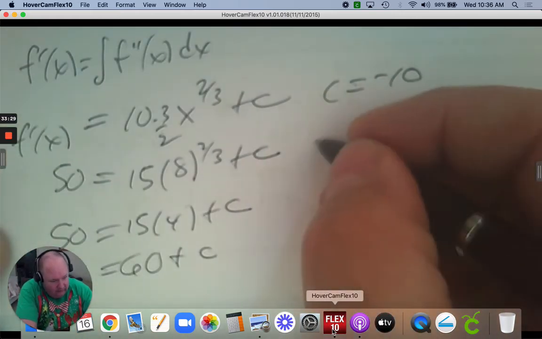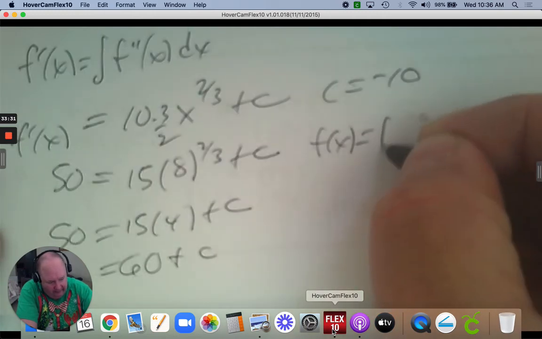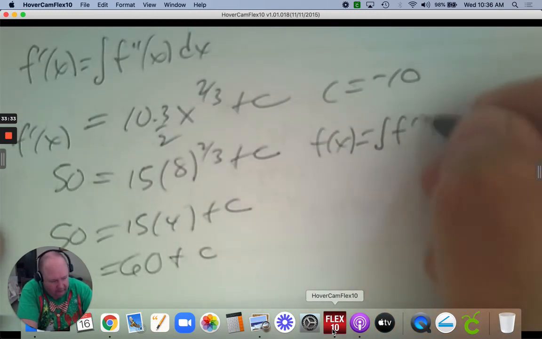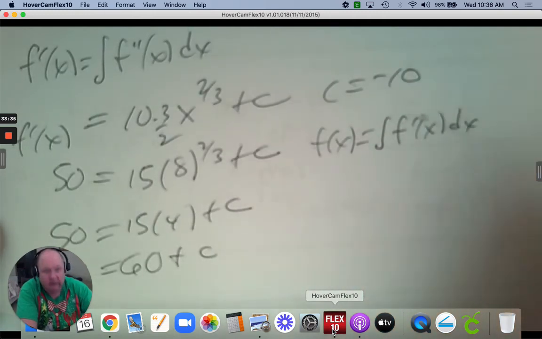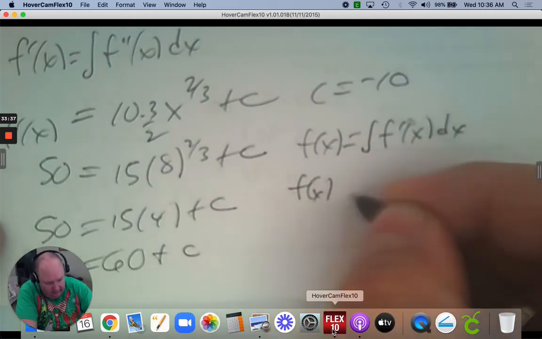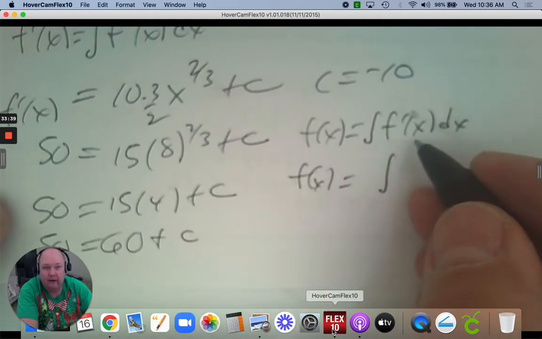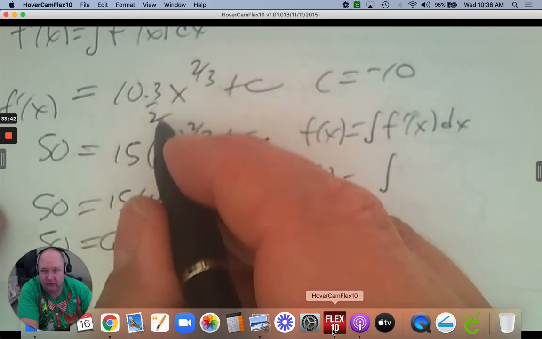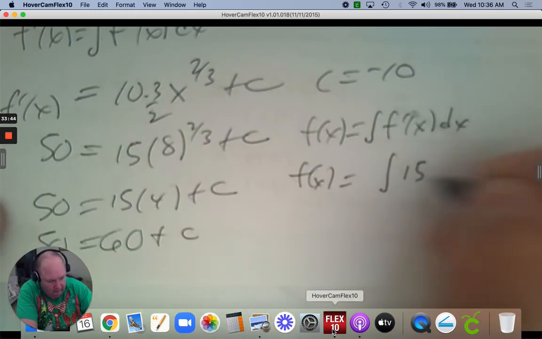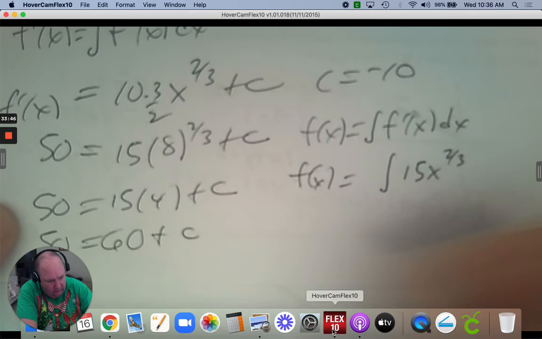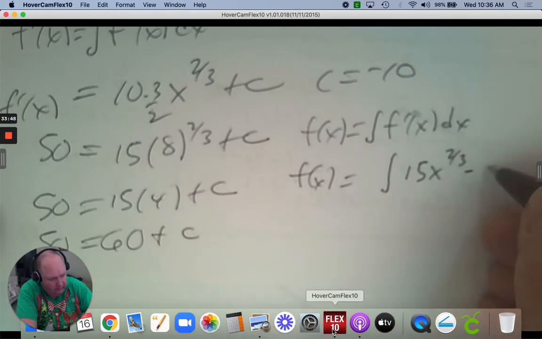So now to find f at x, it's the integration of the first derivative, which we just found. So f prime at x is 15x to the 2/3, and then c was minus 10.